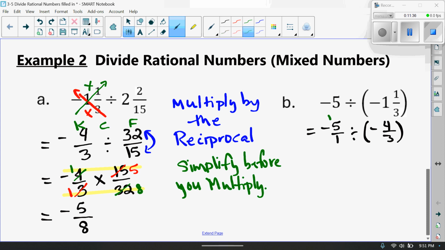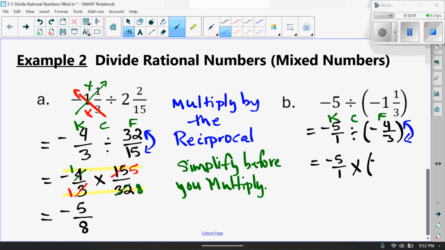And here, we're going to multiply by the reciprocal. Keep, change, flip. Okay? So the first fraction stays the same. So that's negative 5 over 1. The division becomes multiplication. And the second fraction becomes the reciprocal.